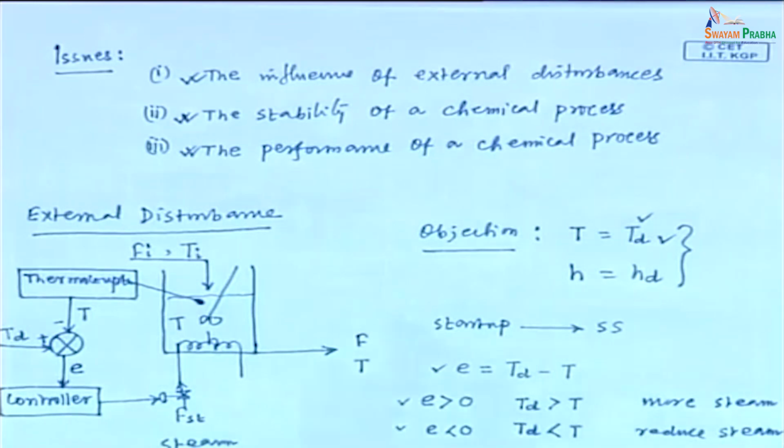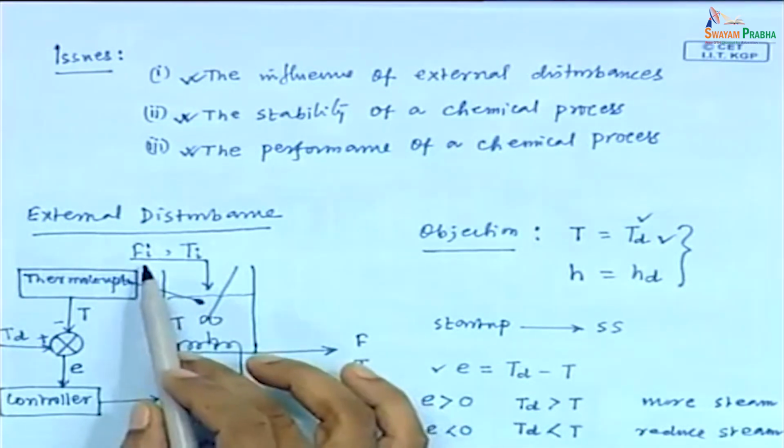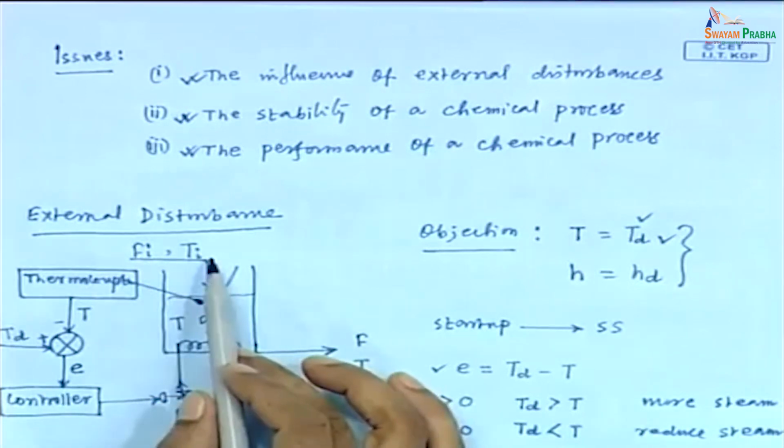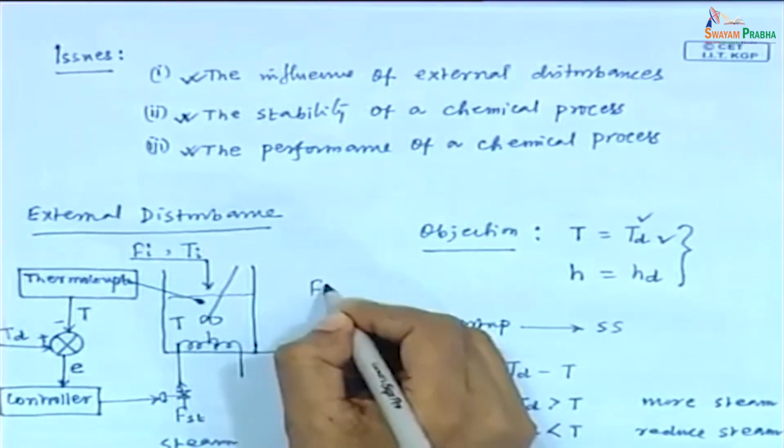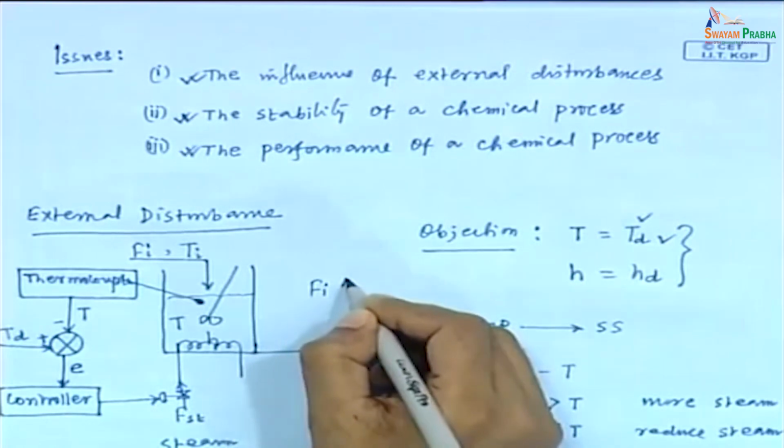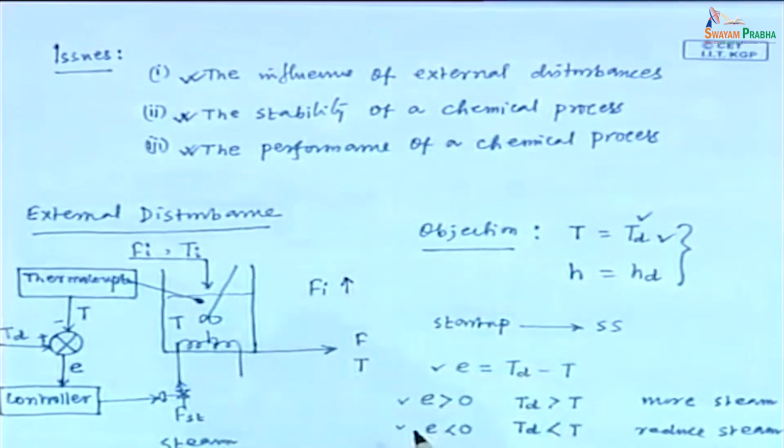Now, we have to introduce this fact in terms of the disturbance. Here the disturbance is basically the feed flow rate and temperature. Suppose feed flow rate has been increased. This Fi, feed flow rate, increases.